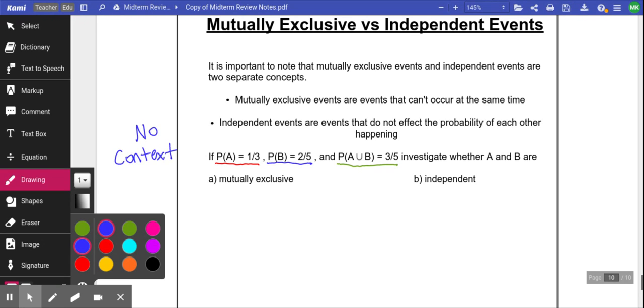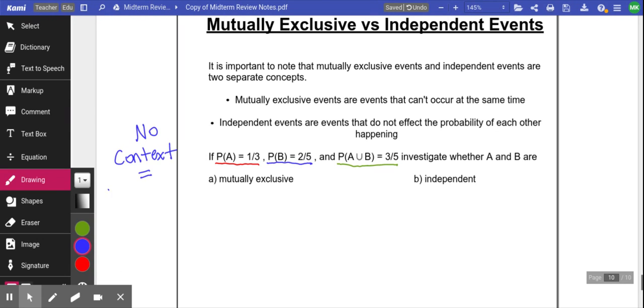This means you have no idea what event A is. You have no idea what event B is. So you can't really make a decision on these events being mutually exclusive or not by considering the context. So instead, when you have no context, that tells you need to check your formulas and you need to test them.